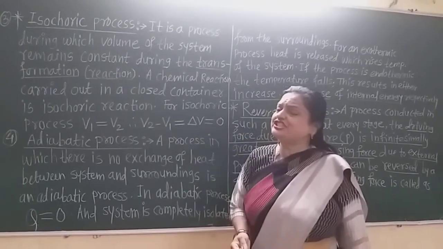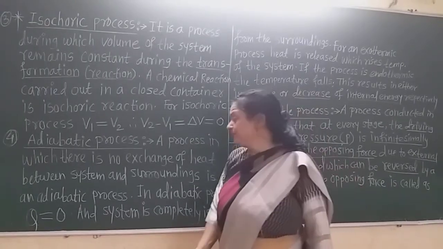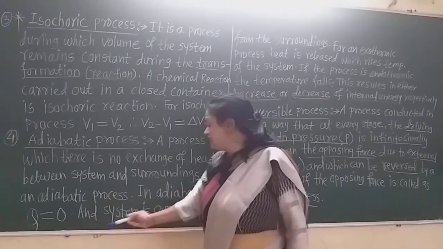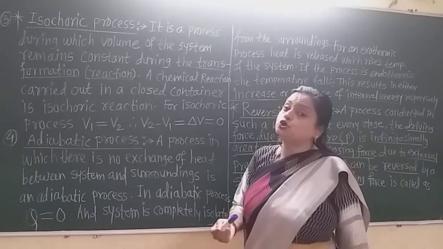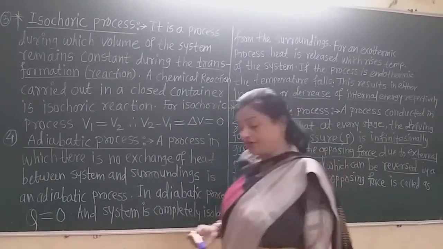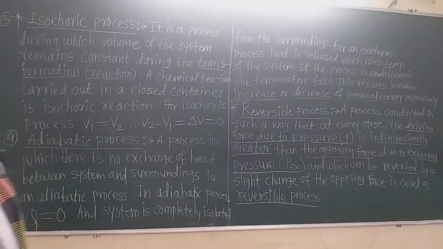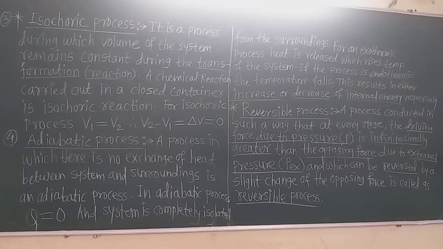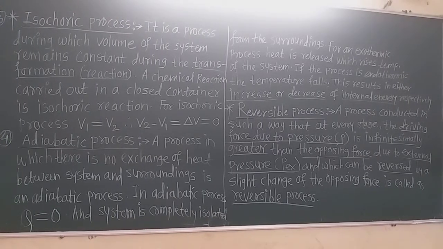That means no exchange of heat. Q means heat, that is equal to 0. And the system is completely isolated from the surroundings. Remember students, the adiabatic process is completely isolated from the surroundings, and Q is equal to 0.